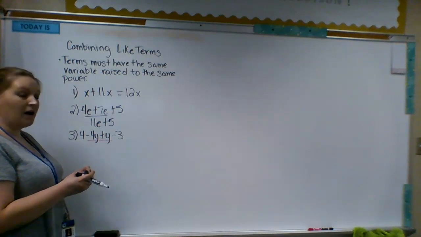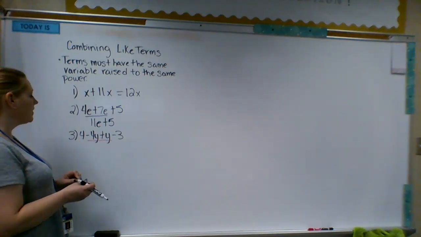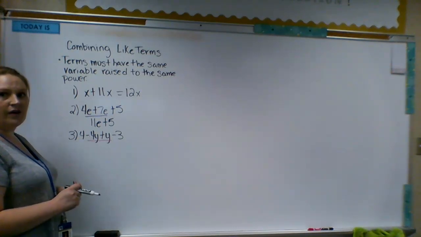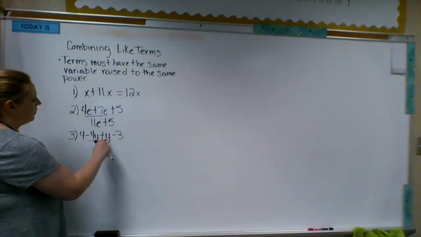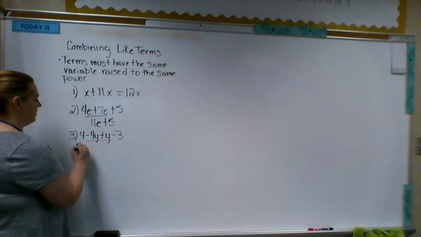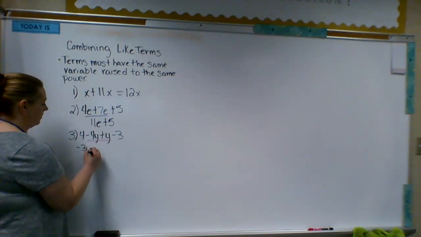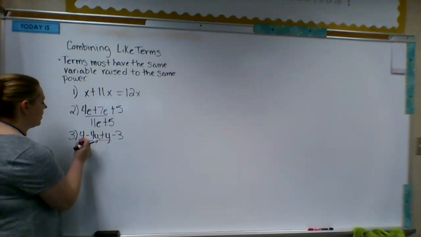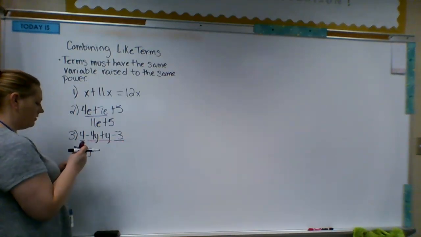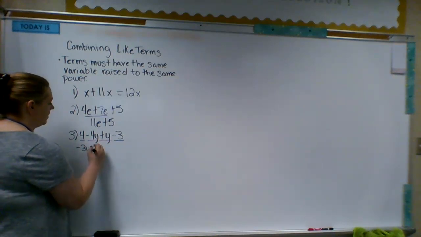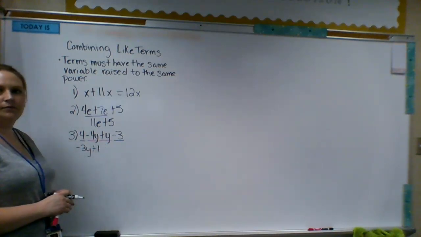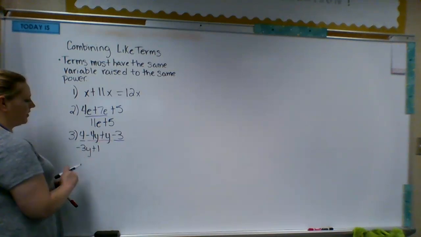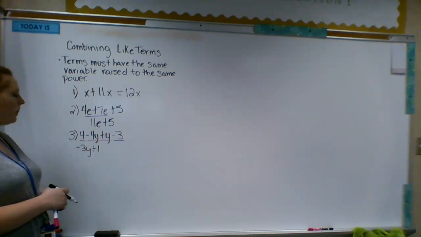If I am adding a positive and a negative, I subtract, and my answer is going to be negative because this has a larger absolute value. So negative 4y plus y would give me negative 3y. And then 4 minus 3 would be positive 1. So my answer would be negative 3y plus 1.